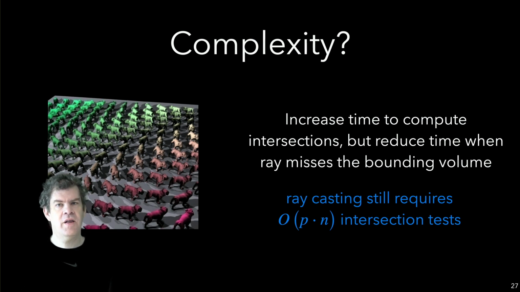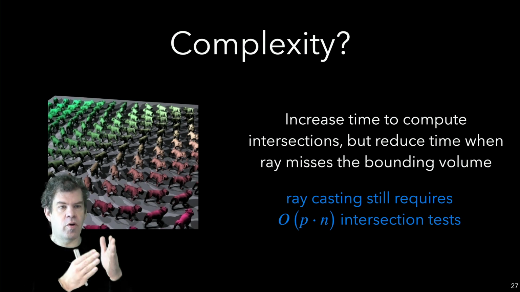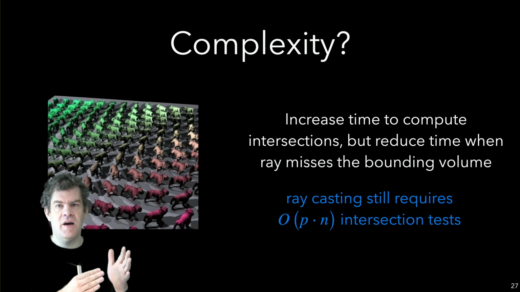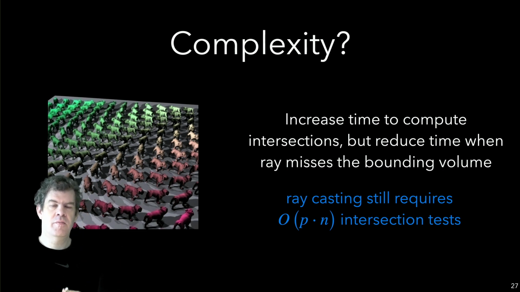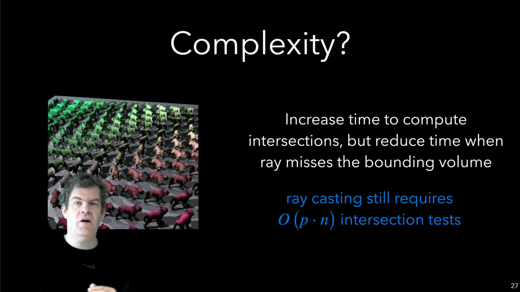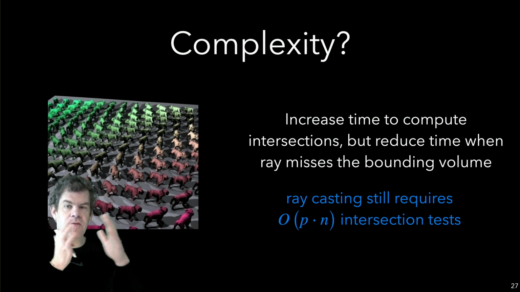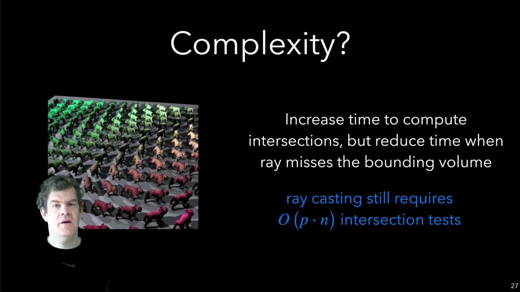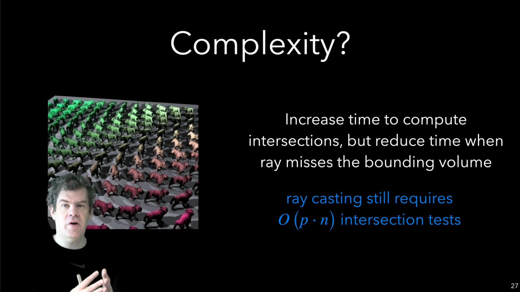Why? Because there are still situations for some pixels, be it even only 1% of the pixels, but still for, say, 0.01 times p, we still have to do times n, because we still have to check all of the triangles for some of them. And since we drop all lower order terms and all constants, we end up with O of p times n still.